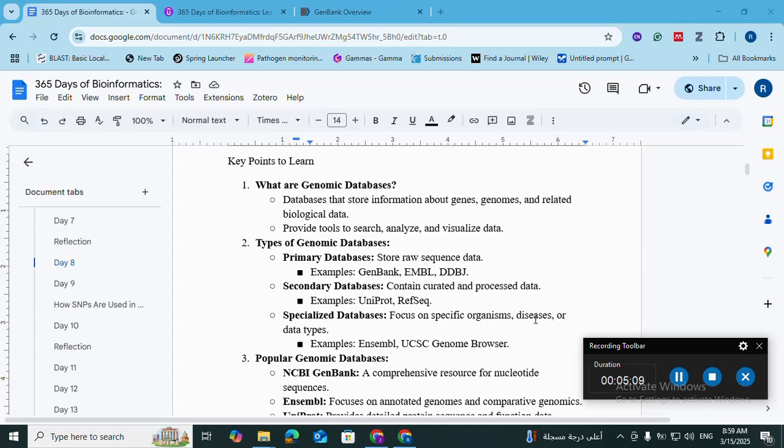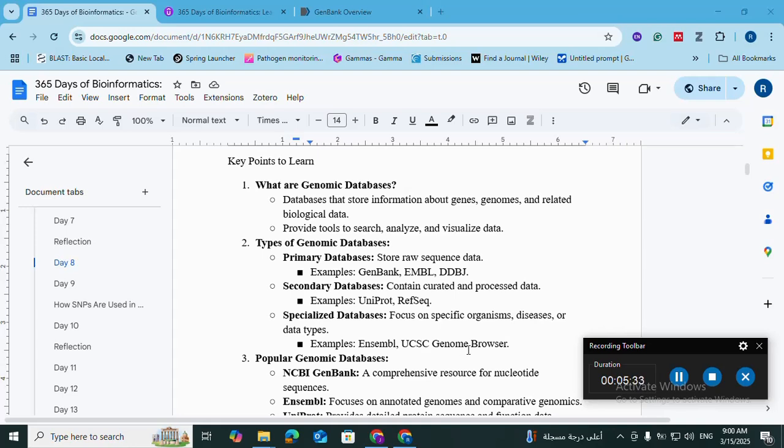Some clinicians focus their research on cancer, others on genetic disease and metabolic disease. Other specialized databases are specialized according to the data types. Examples: Ensembl, UCSC genome browsers.